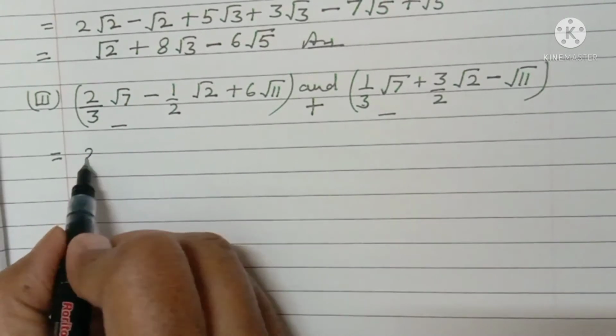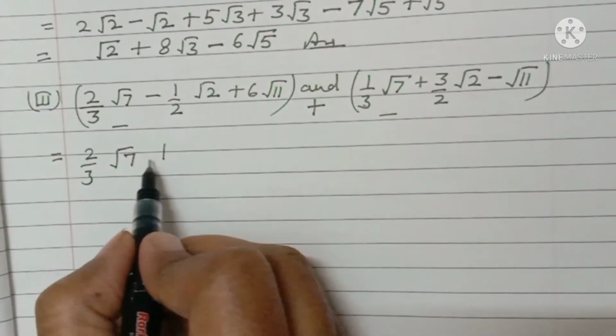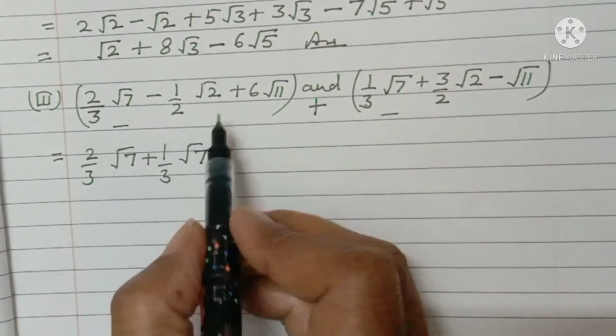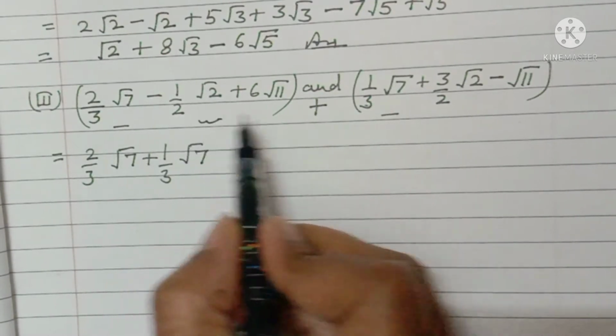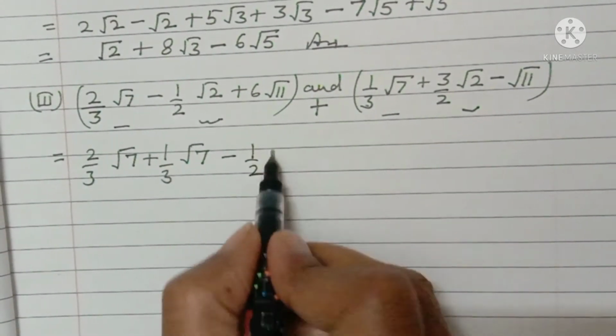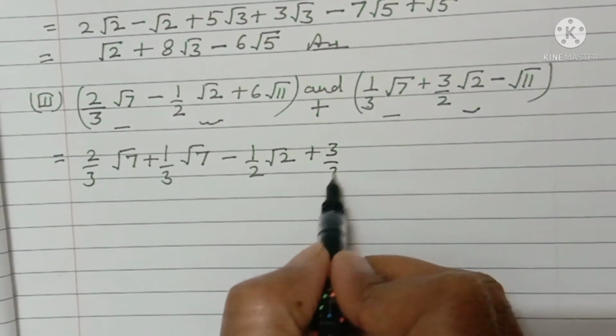So this is 2 upon 3 root 7, this is 1 upon 3 plus 1 upon 3 root 7. Now here root 2, this is root 2, this is also root 2. So this becomes minus 1 upon 2 root 2 and plus 3 upon 2 root 2.